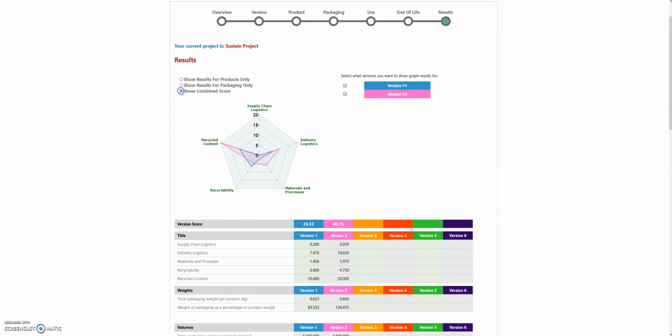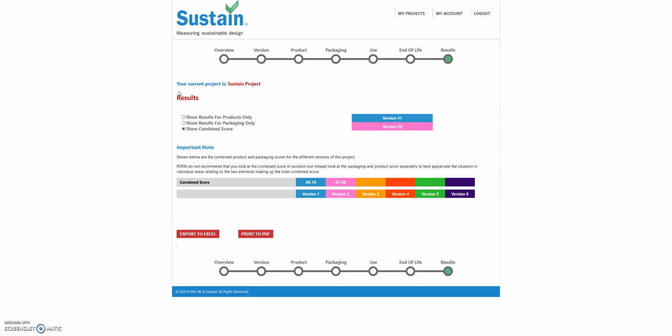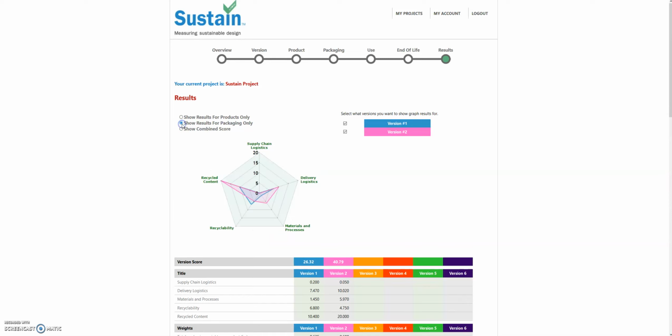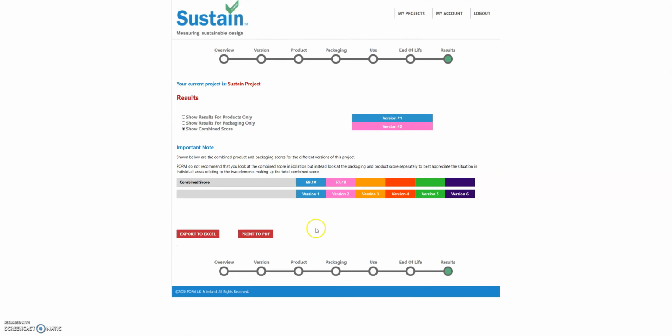And then finally we have what's known as a combined score. So this simply takes the overall version scores. If we see here, my version scores were 42 and 26 for product, 26 and 40 for packaging, and it adds these two together. So the total combined score is not weighted in any way. It is purely a simple addition of the two figures.